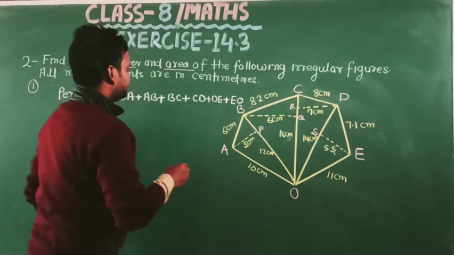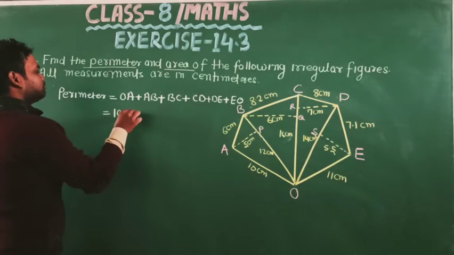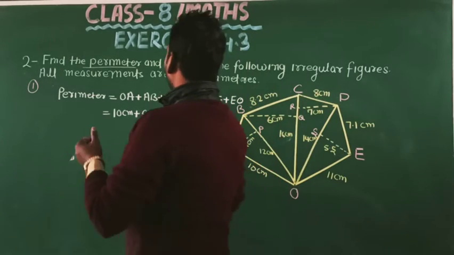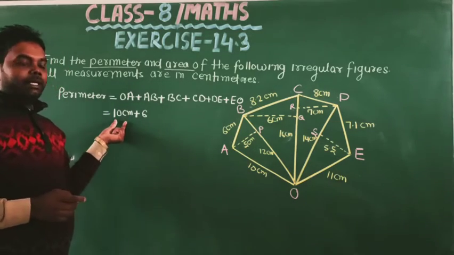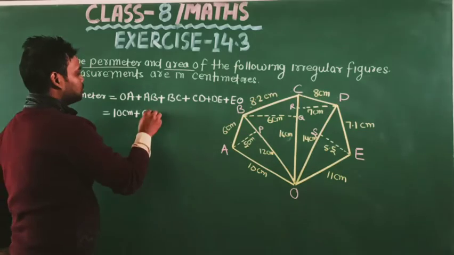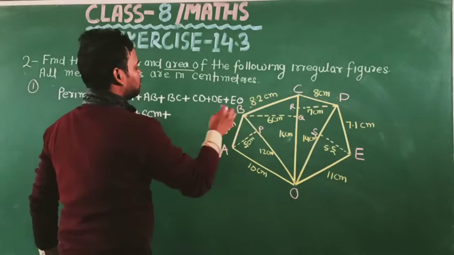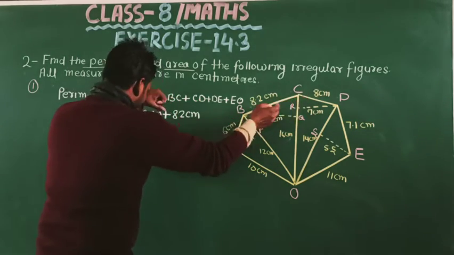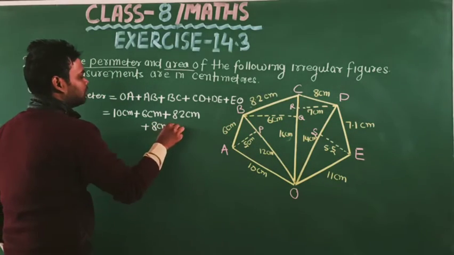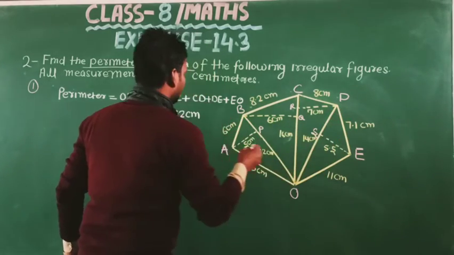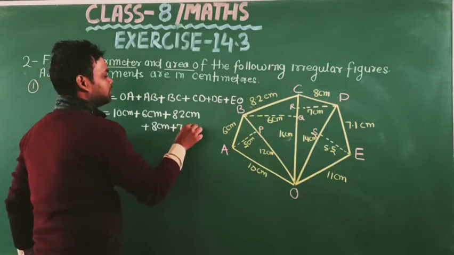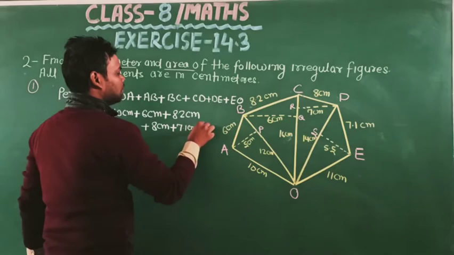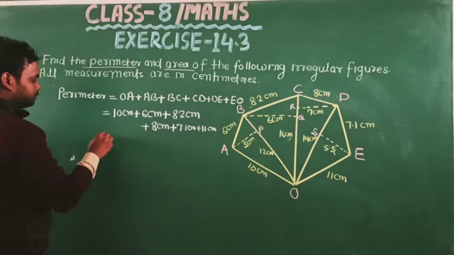So OA is 10 centimeter plus AB is 6 centimeter, plus BC equal to 8.2 centimeter plus CD equal to 8 centimeter plus DE equal to 7.1 centimeter, plus EO equal to 11 centimeter.